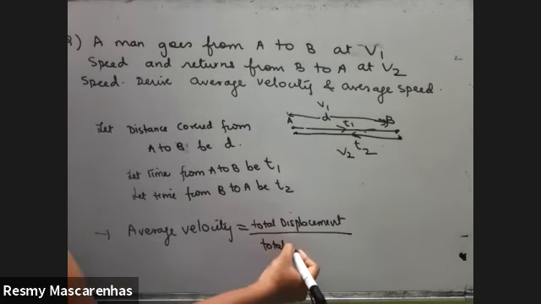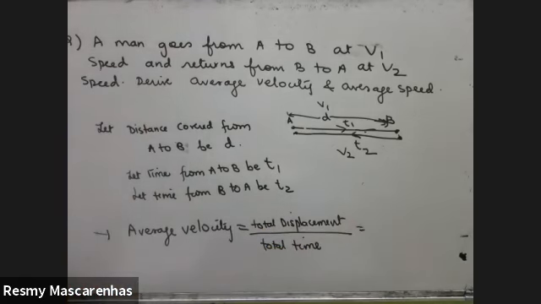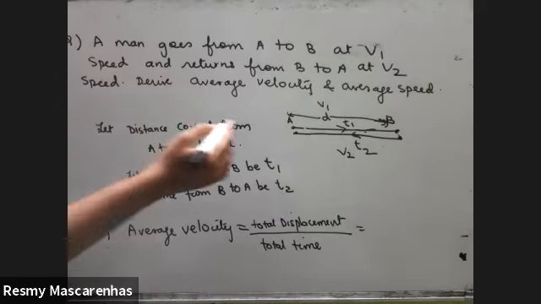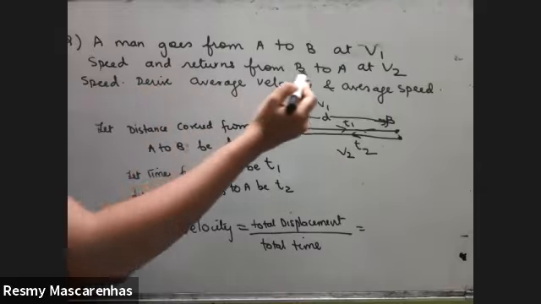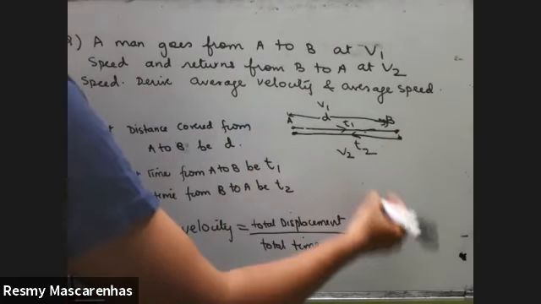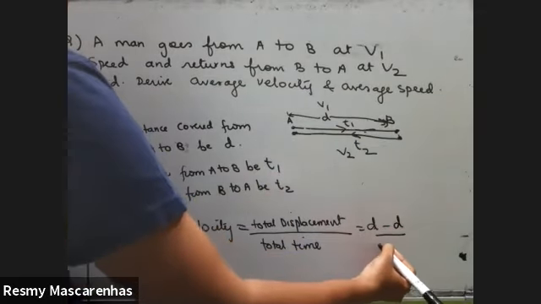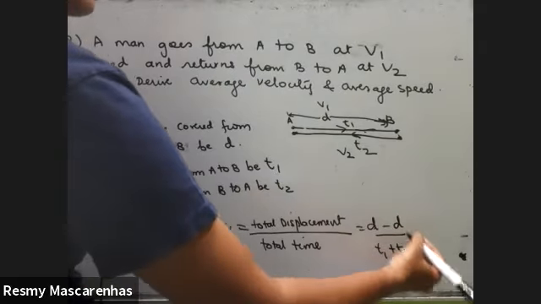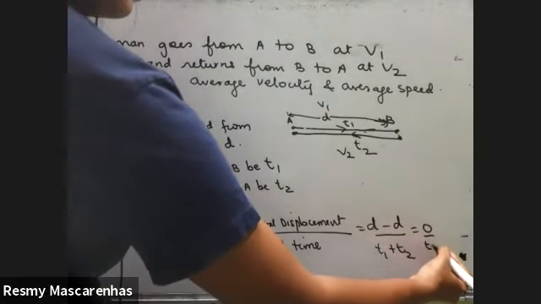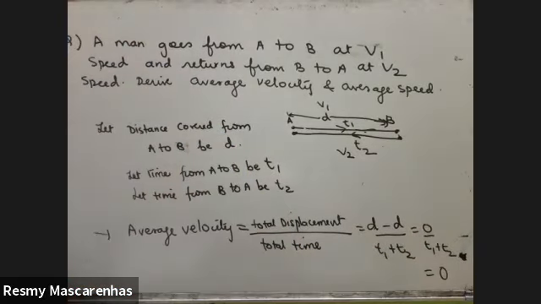So what is the displacement? Zero. Yes, it will be 0 because it returns from B to A, so it's back at the same point. Anyway, 0 upon anything will give 0. So average velocity is 0.